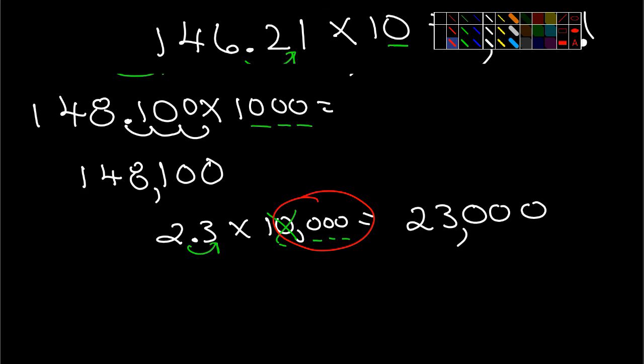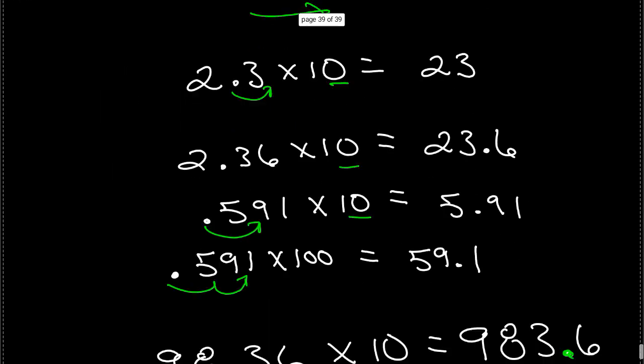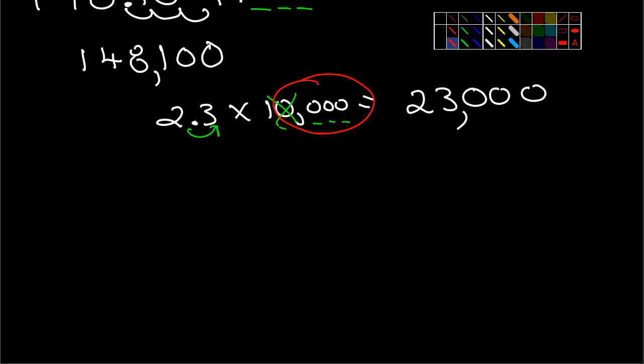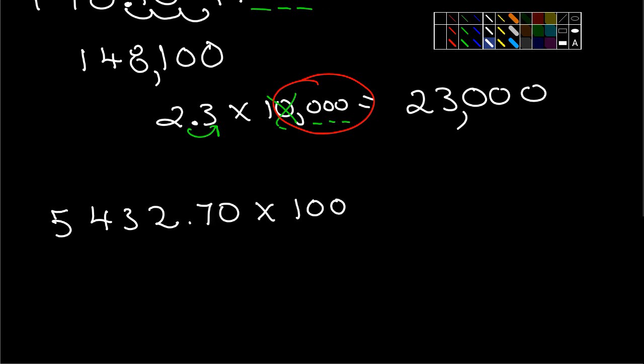What happens if it's a very, very big number like 5,432.70 and then it's times like a million? Okay, this is what she asked, if I understood her correctly: what's 5,432.70 times a million?